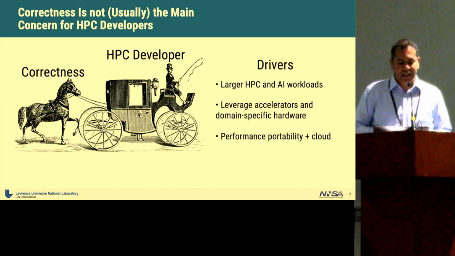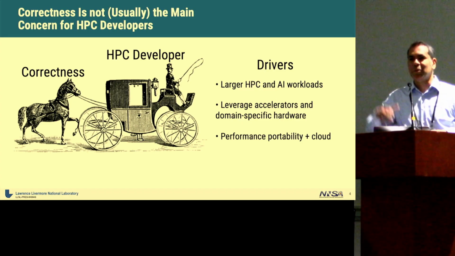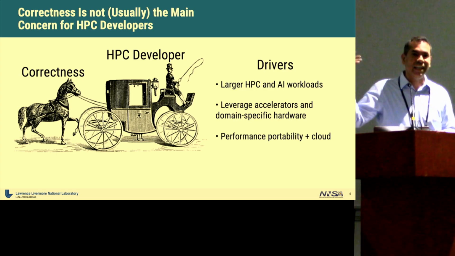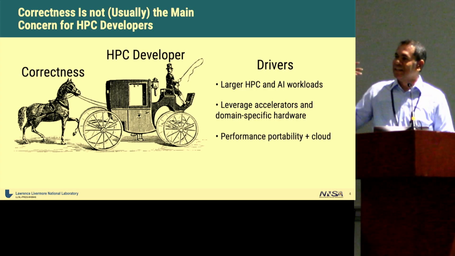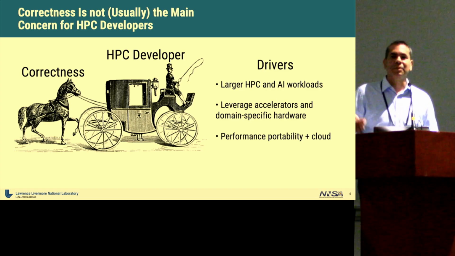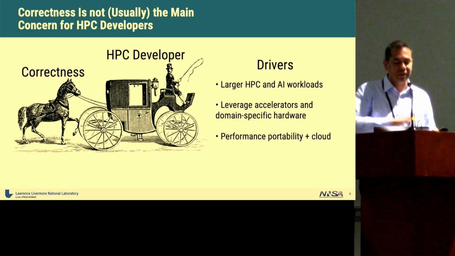HPC developers are driven by many other things. They would like to run larger HPC workloads. They would like to run larger AI workloads. They would like to leverage accelerators and domain-specific hardware. And they would like to have performance portability because they are moving code from one system to another system.